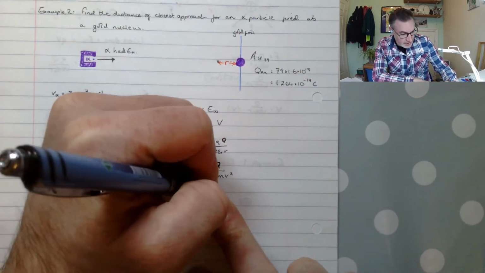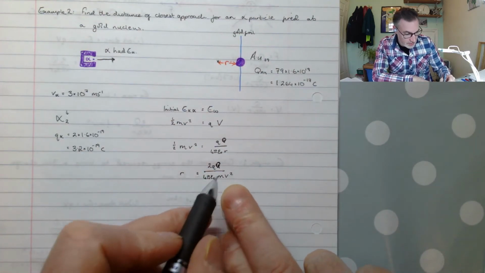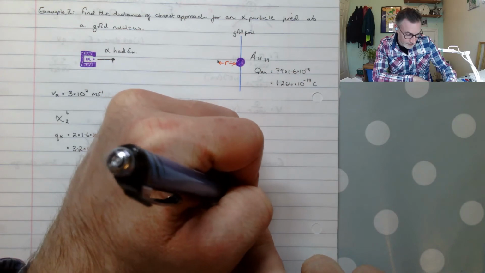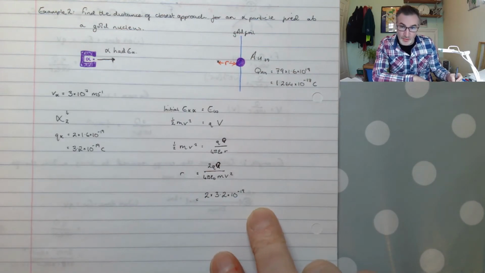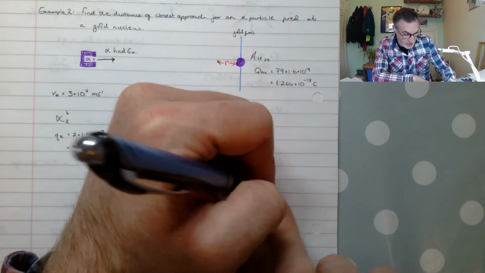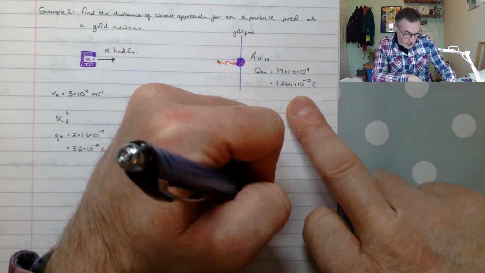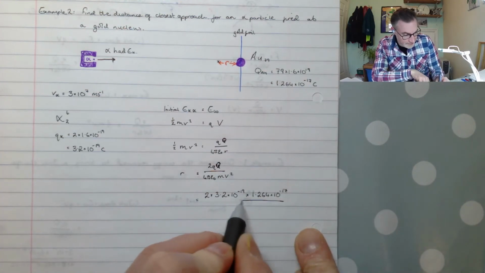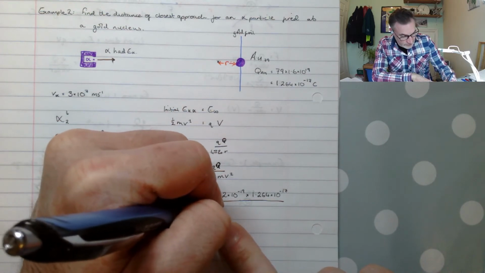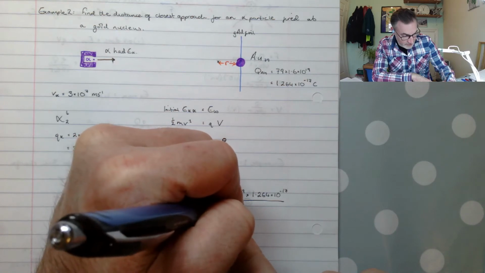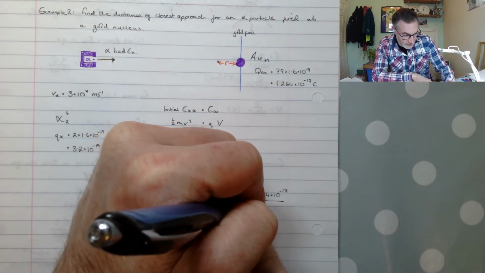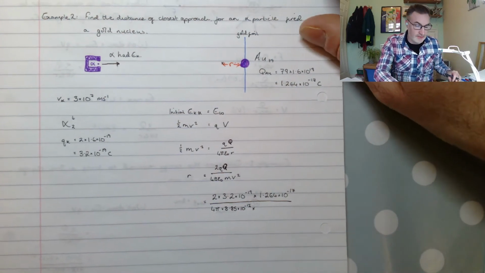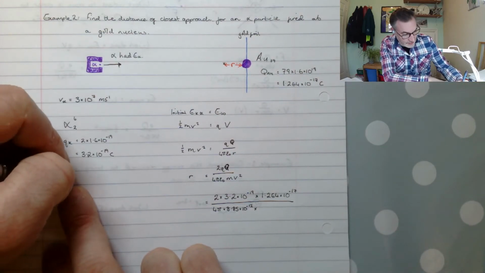Now sub in the numbers. So 2 times charge of alpha, 3.2 times 10 to the minus 19, times charge of gold, 1.264 times 10 to the minus 17, over 4 pi times 8.85 times 10 to the minus 12, times... I have no idea what the mass of an alpha particle is, which I should have thought of before.